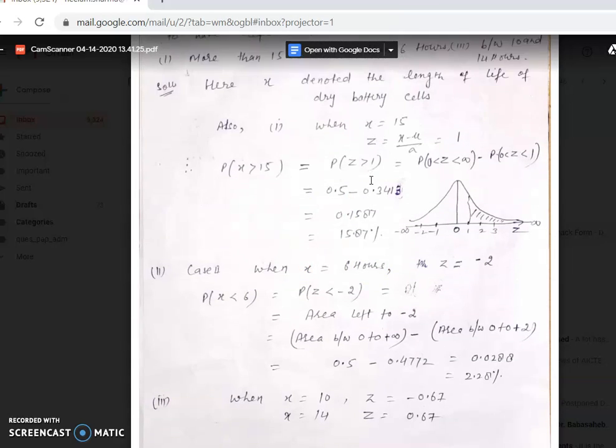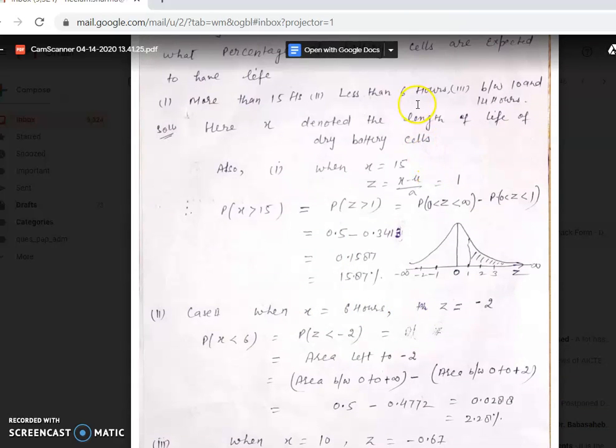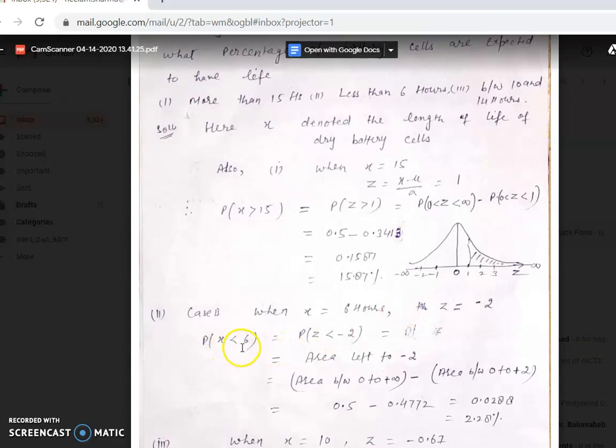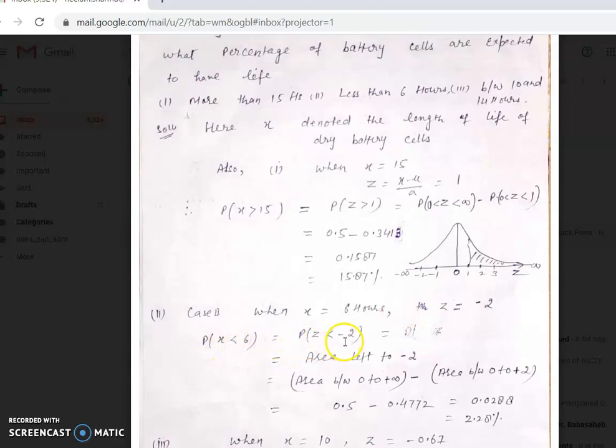The second point is less than 6 hours. When x equals 6, then z equals minus 2. Therefore, for x less than 6, the value is z less than minus 2. How can we find z less than minus 2?